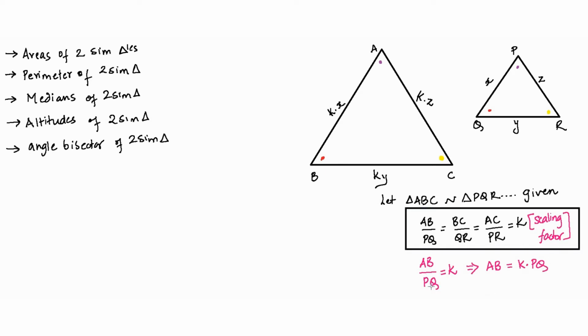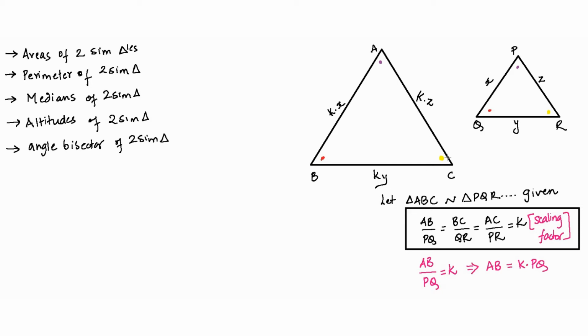So that means AB upon PQ is K, which means AB will be K times PQ. So if I assume the sides of the triangle as X, Y and Z, then PQ is getting multiplied by K to become AB. So AB therefore becomes K times X. QR corresponds to side BC. So if QR is Y, QR is getting multiplied by K to become KY.